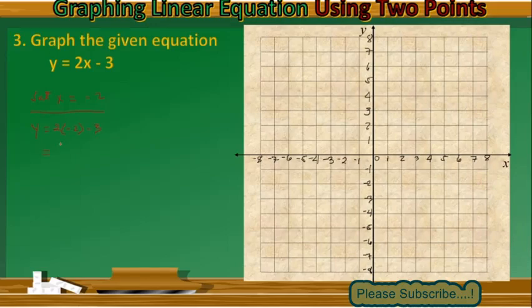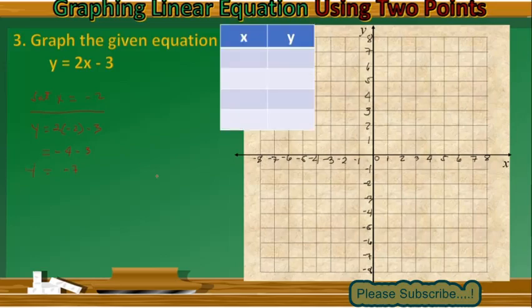Then, by simplification, 2 times negative 2, that is negative 4, plus negative 3. So, your y is equal to negative 7. We'll plot that one. When x is negative 2, your y is negative 7. Okay.